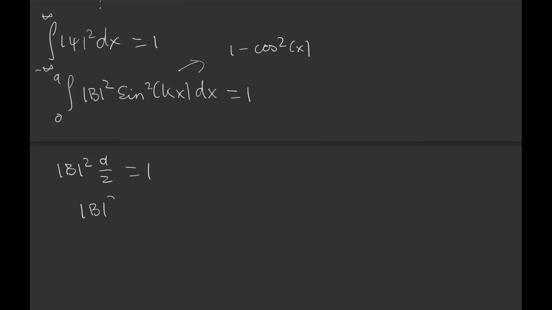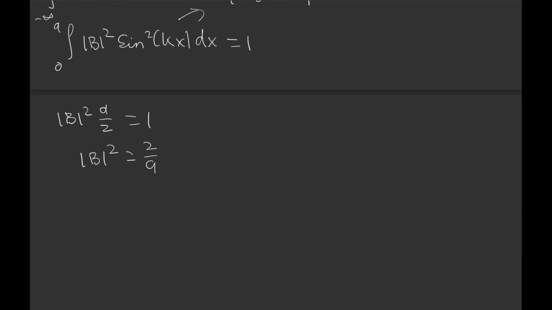Therefore, b squared is equal to 2 over a, and so this is equal to b. And then if we plug this back into the wave function again, we find that the wave function is equal to the square root of 2 over a times the sine of n pi over a times x.